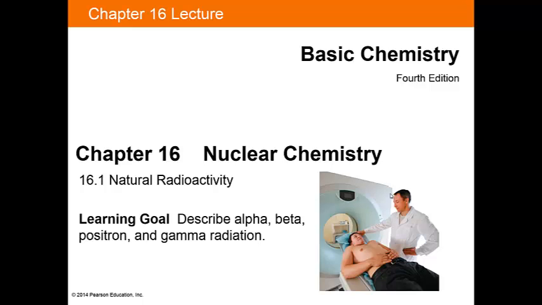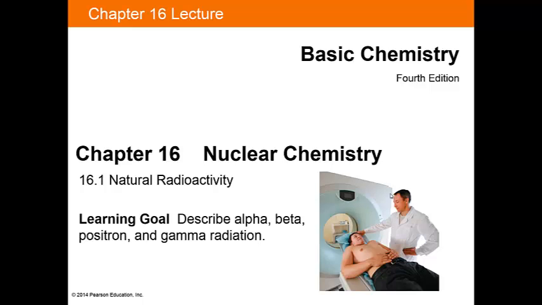They will attack cells and distort them and possibly destroy them. Hence, radiation treatments for cancer. But as we know, anybody that has gone through radiation therapy, it can be quite taxing. Also, CAT scans work off the idea of radiation.